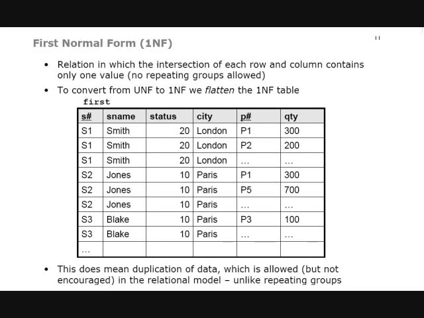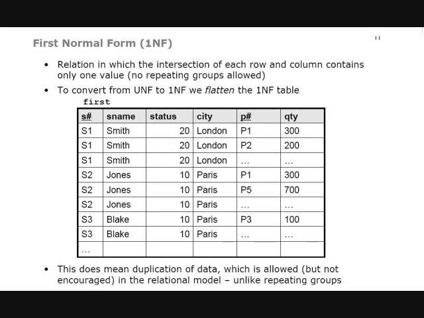Are we all happy with that? Yes? Good. So that is all you have to do if you had a question on normalization. They go like this. The first thing that I ask normally is identify problems with the table which lead to anomalies like insertion anomalies and so on. Okay? So if you were to do that in that table, you will say to me, okay, there is a number of repeating kind of like tuples for S1 Smith 20 London.